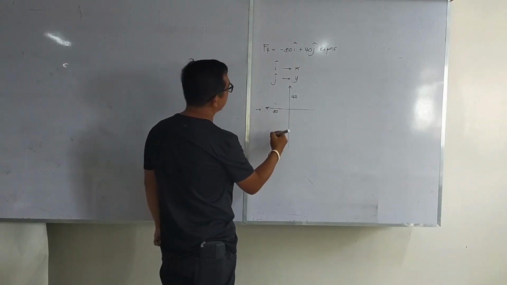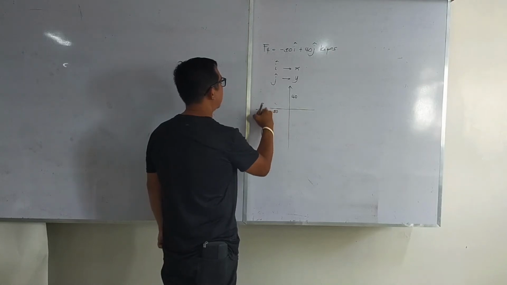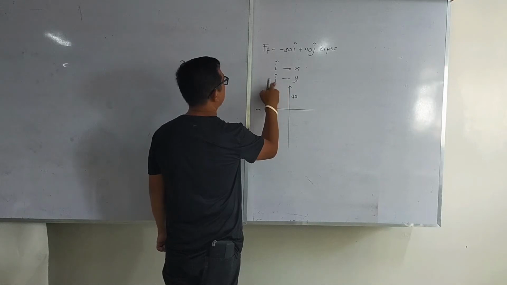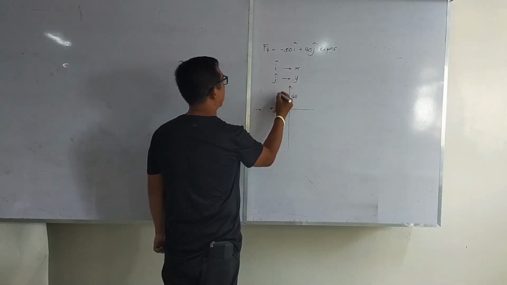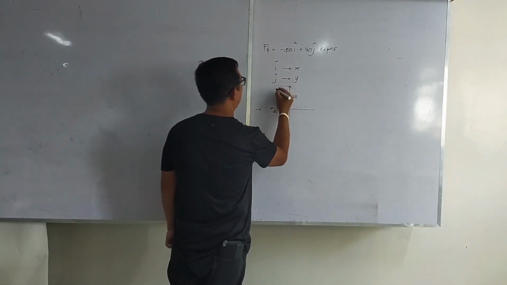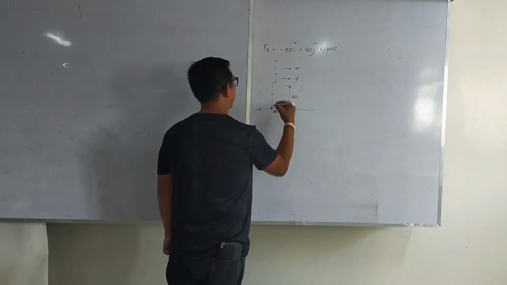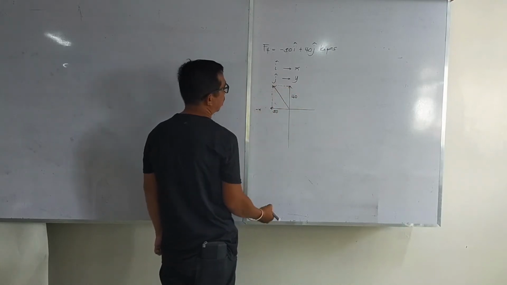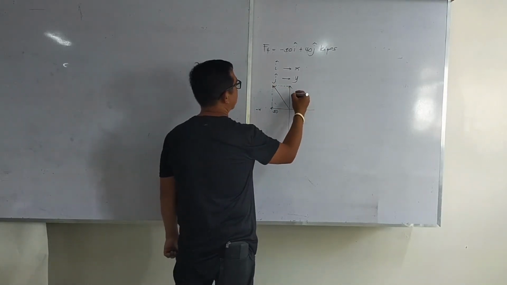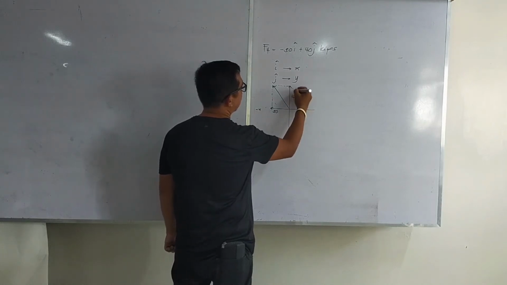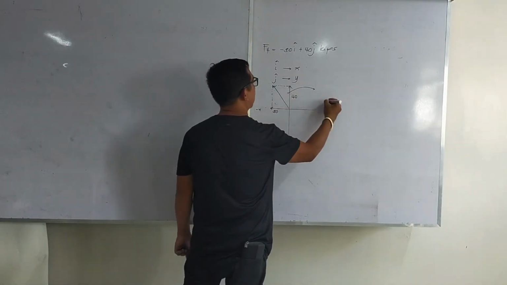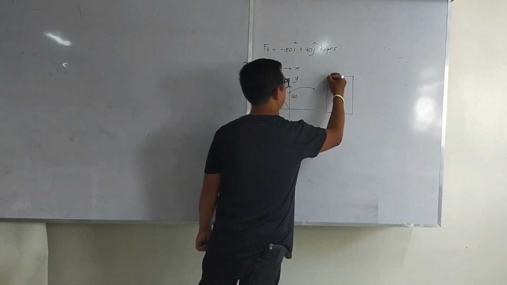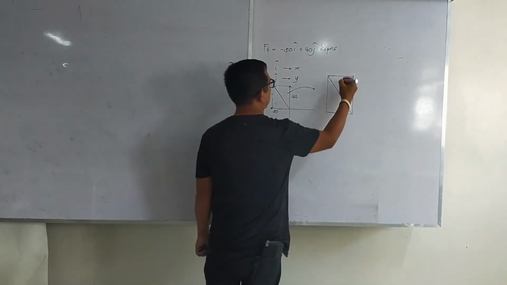So the next thing we have to do is to have this closed as a figure, a parallelogram. Then we will get the hypotenuse, knowing that this figure is like this.